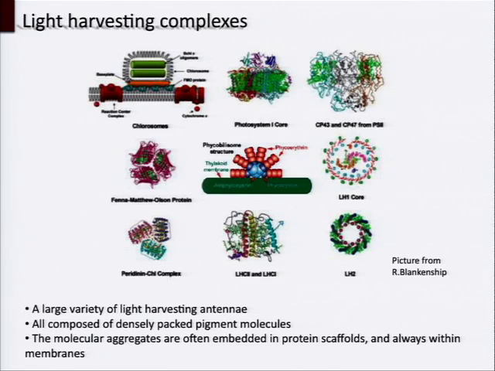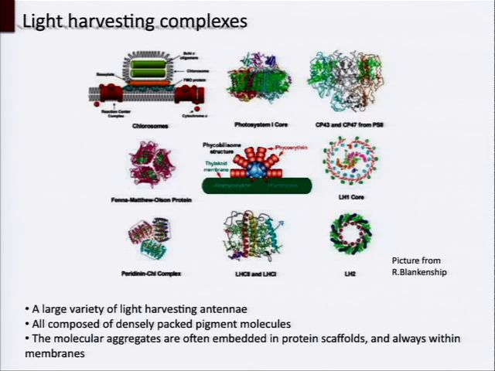If you want to make generalizations, then some things you can say is that they're all composed of densely packed pigments. So pigments are things like chlorophyll molecules, which absorb light very efficiently. Okay, and most of these pigment aggregates are encased in these protein cages, such as these that you see, which lends some stability and some energetic structure to the system.